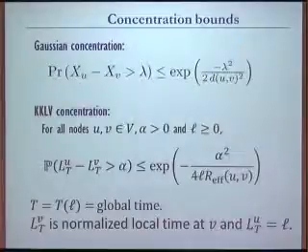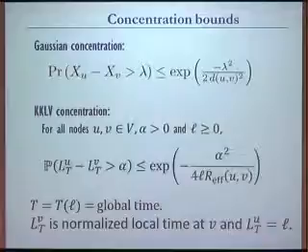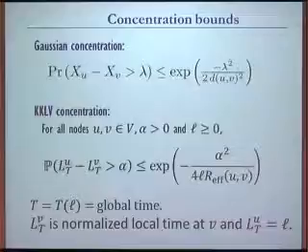Here's the concentration result proved by KKLV, and again, this fact is very easy. It's just that the probability that the local time at one vertex and the local time at another vertex differ by alpha can be bounded by e to the minus alpha squared. Instead of the distance here, you have the effective resistance times this local time.